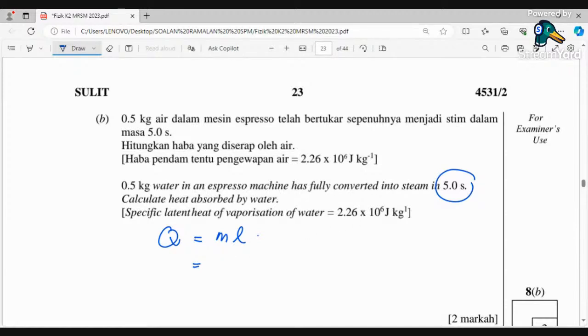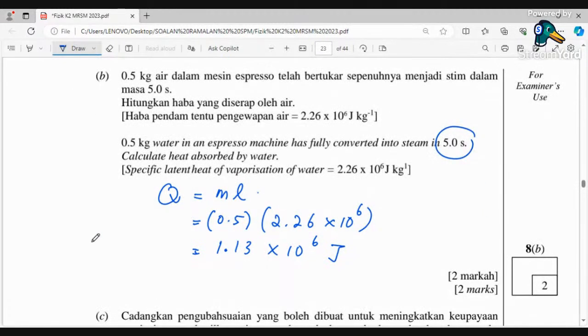All. Kita tengok kat 0.5, specific latent heat of vaporization. Jadi akan dapat 1.13 × 10^6 joule. Okay. Sebab dia ada sebut sini fully converted. Jadi kita tak ada lah mc theta, semua tak ada. Okay.